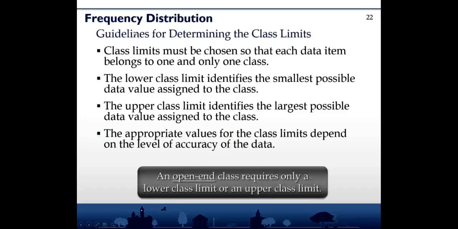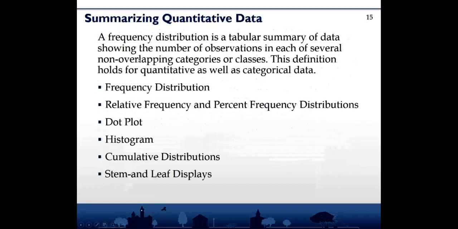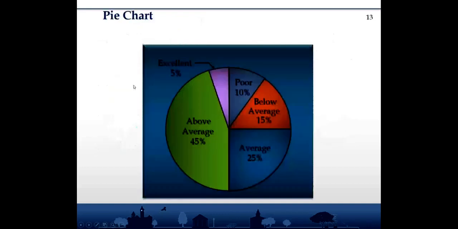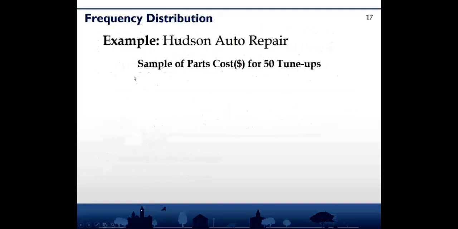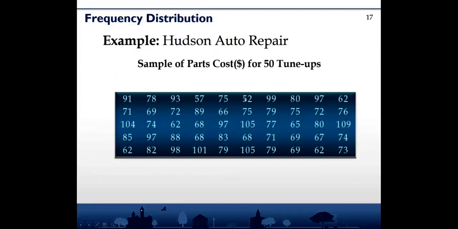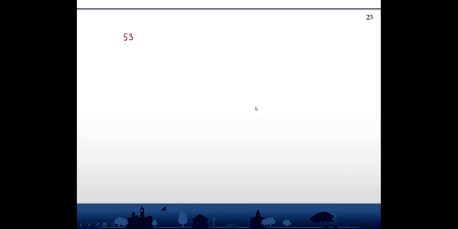So now, how do you determine the classes? The first class cannot start with 53, because if it starts from 53, then we have 52, so we are leaving it out. We cannot leave any observation out. So it cannot start from 53.